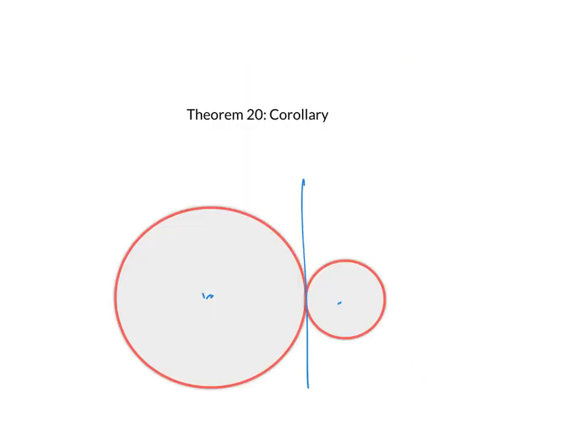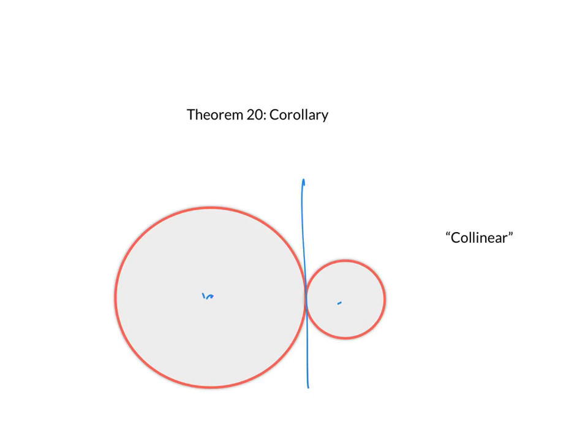Okay, now we're on to the corollary to Theorem 20. And this states that if two circles, like the big one and the small one here, share a common tangent, so this line is a tangent to both of them, then their centers and the point of the tangent are all along the same line, or collinear.